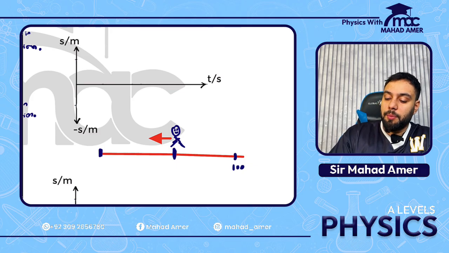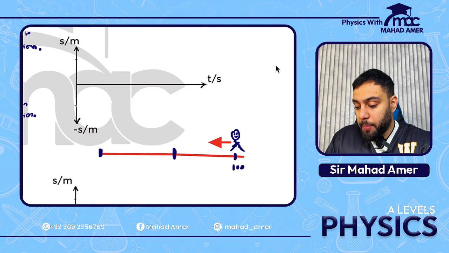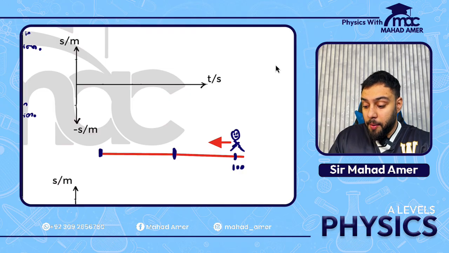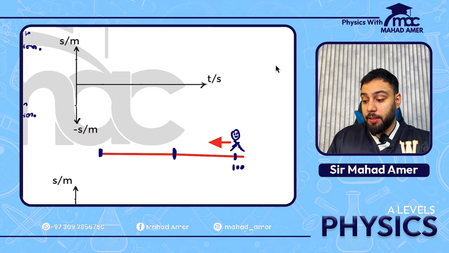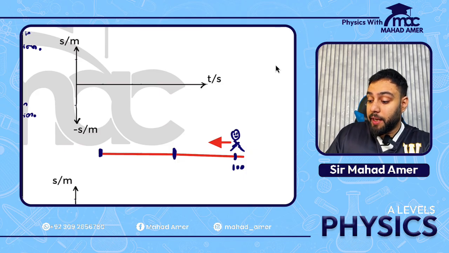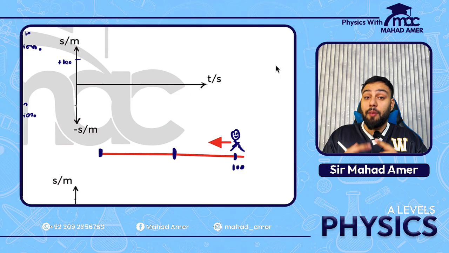Kids, now I'm going to start off with a positive displacement. In this case, I'm going from a positive displacement, accelerating towards the mean position. So if I start from rest at, let's say, positive 100, and then I'm accelerating, that means my velocity is going to increase.